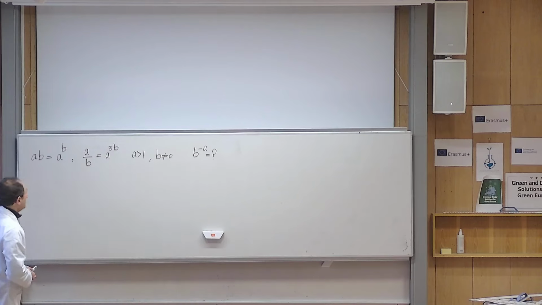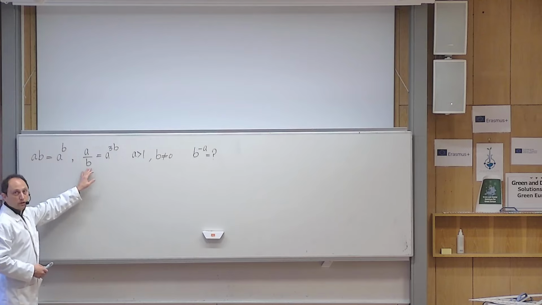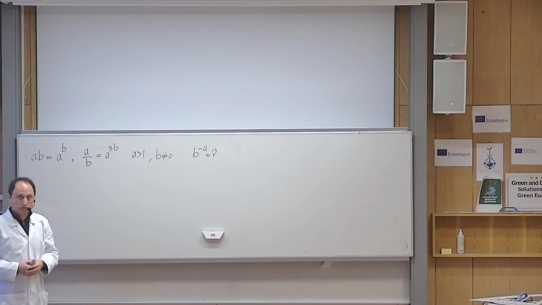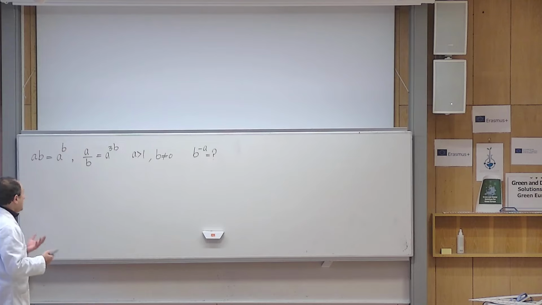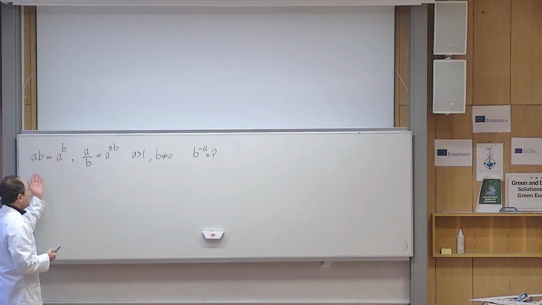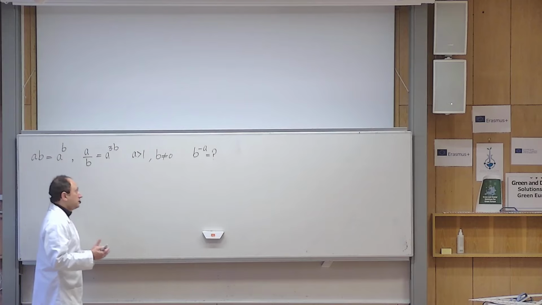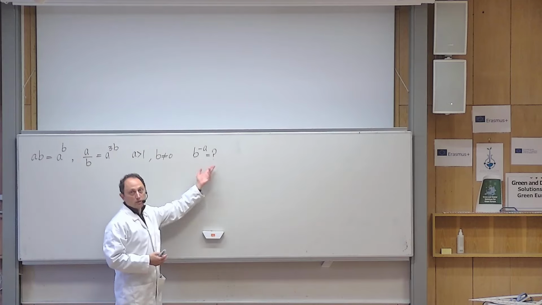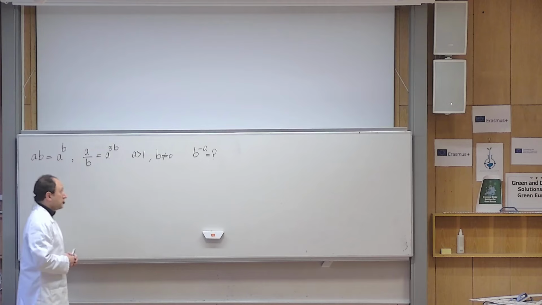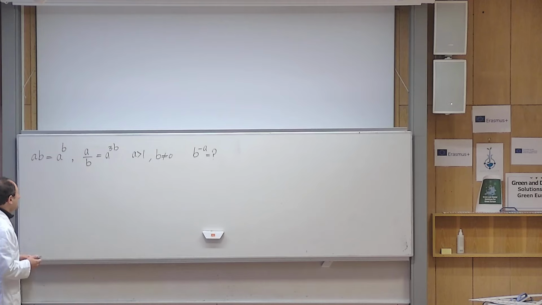Okay, so if I want to look at the problem, this is a system consisting of two equations and two unknowns, okay? So one idea is to be able to calculate A and B individually. And when we found A and B, we put them here, and then we calculate this question mark. Okay, but how can I do that?